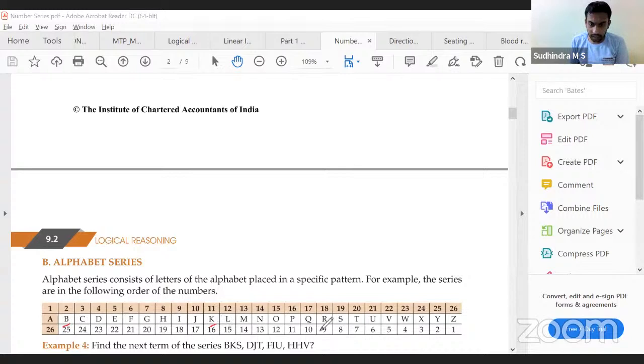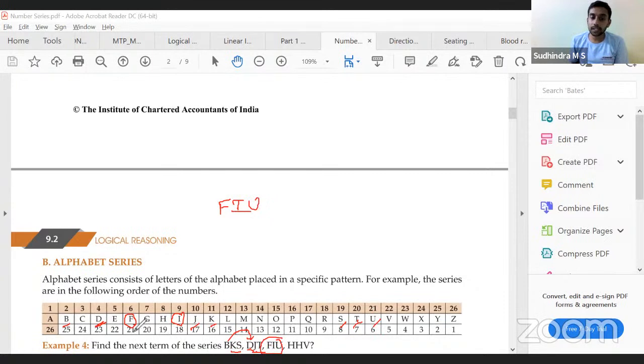B, K, and S is the first one, correct? Second, they are saying D and J and T. So what are they doing? First alphabet jumping 2 places. Second alphabet reverse 1 place. Third alphabet moving forward 1 place. So going with that, D becomes F, J becomes I, 1 step backward, and T becomes U, 1 step forward. So that is FIU that they have.